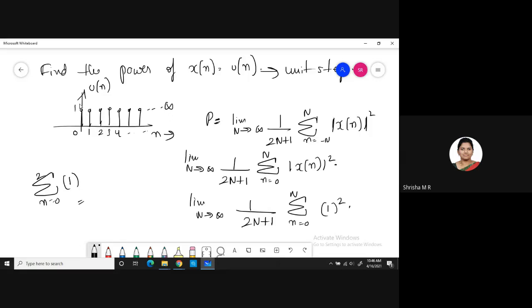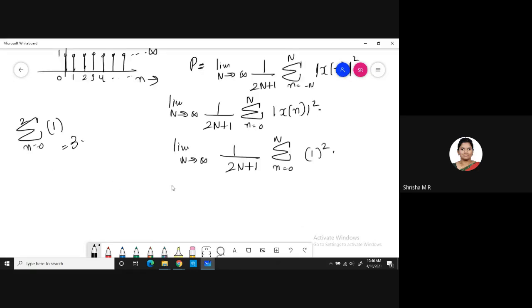Sum from 0 to 2. You get 3, right? You have a signal here. At 0, you have amplitude 1. At 1, you have amplitude 1. At 2, also you have amplitude 1. If I sum 1 plus 1 plus 1, I'll get 3. Correct?